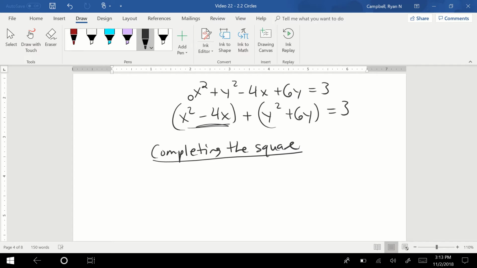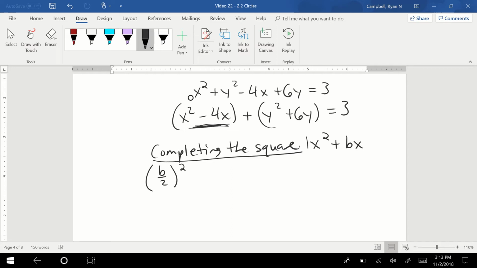So the thing you need to know about completing the square is it only works if you have x squared plus bx, right? So the number in front of x can only be 1, which is good. That's what we already did, right? So we didn't have to worry about that part. And remember, b can be negative, so this could be minus. That's fine too. So completing the square is going to be b divided by 2 squared.